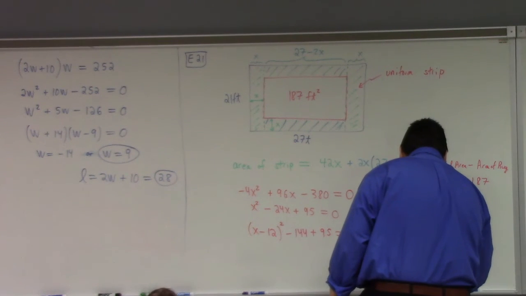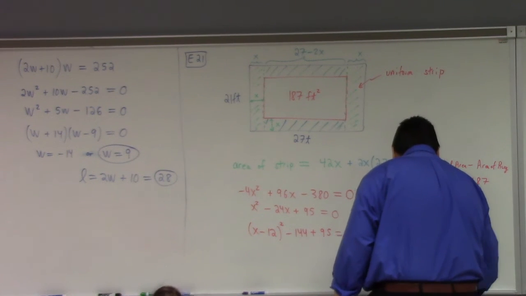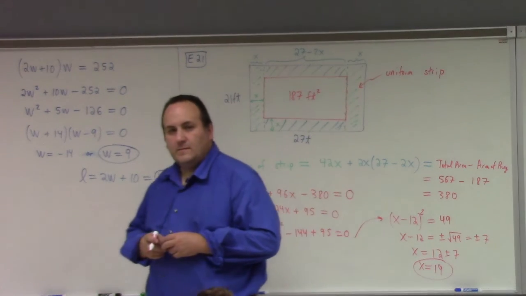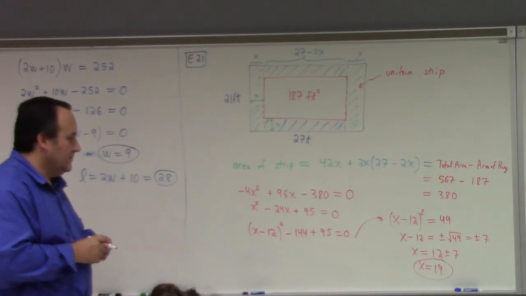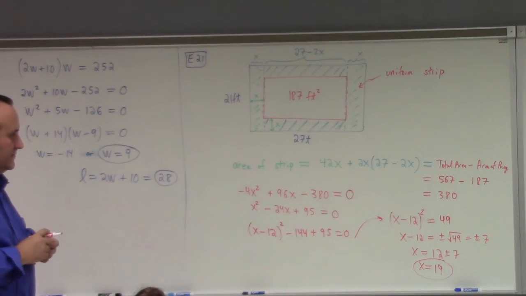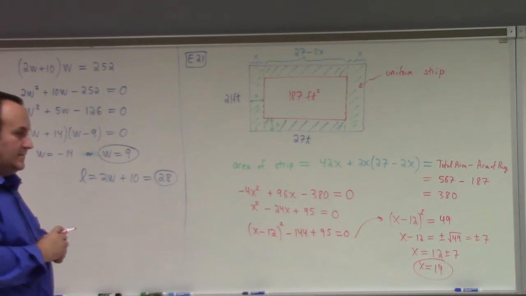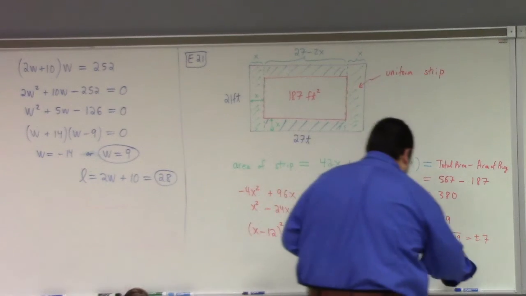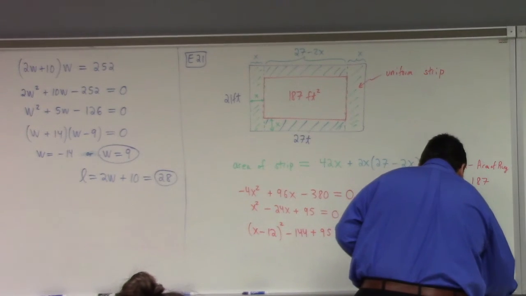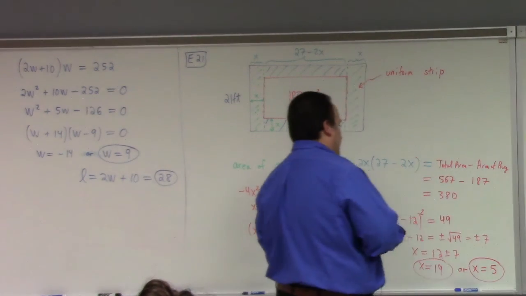So we get x equal to 19. Right? Or x equal to 12 minus 7, which is 5. Search your heart.